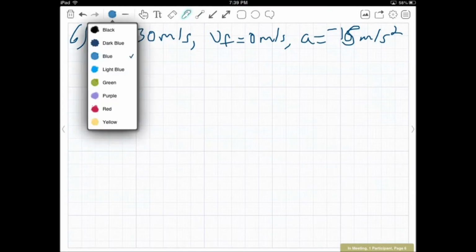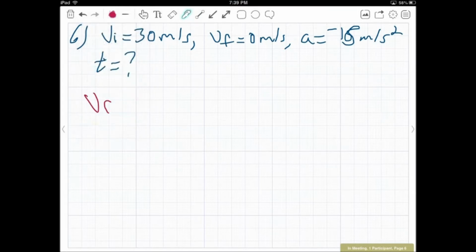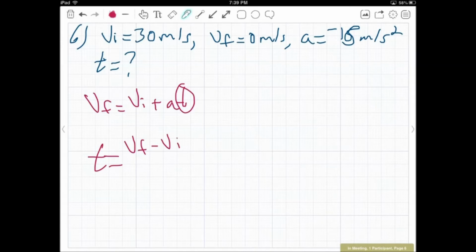So we're looking for time. Once again, I'm going to use this equation because it has all my variables in it, all four. I'm solving for t this time though. So just quickly subtract VI from both sides, then divide by A, sorry. T is going to equal VF minus VI over A. Plugging in my numbers, VF is 0, VI is 30.